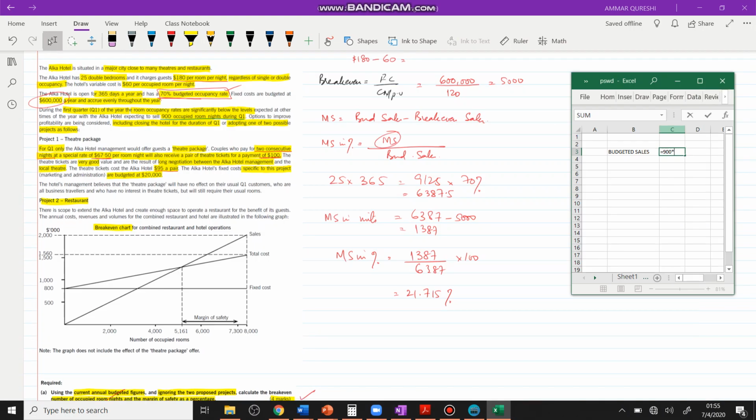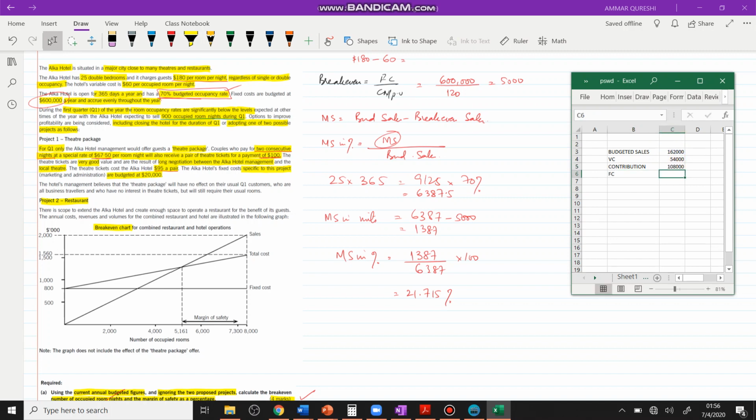Selling price is 180 per room per night. So that is simple, right? 162,000. What is the variable cost? Variable cost is 60 times 900, right? So what is the contribution? Contribution is this figure minus this figure, which is 108,000.